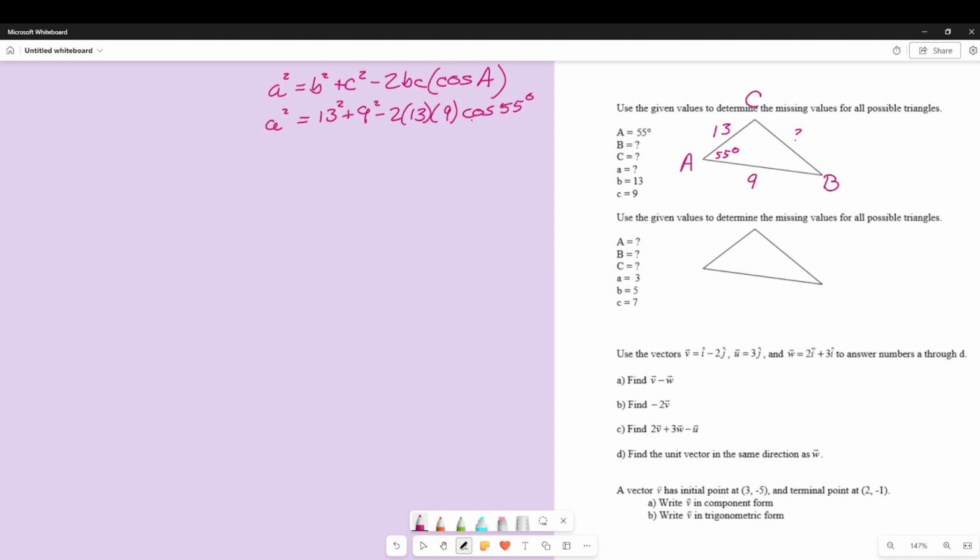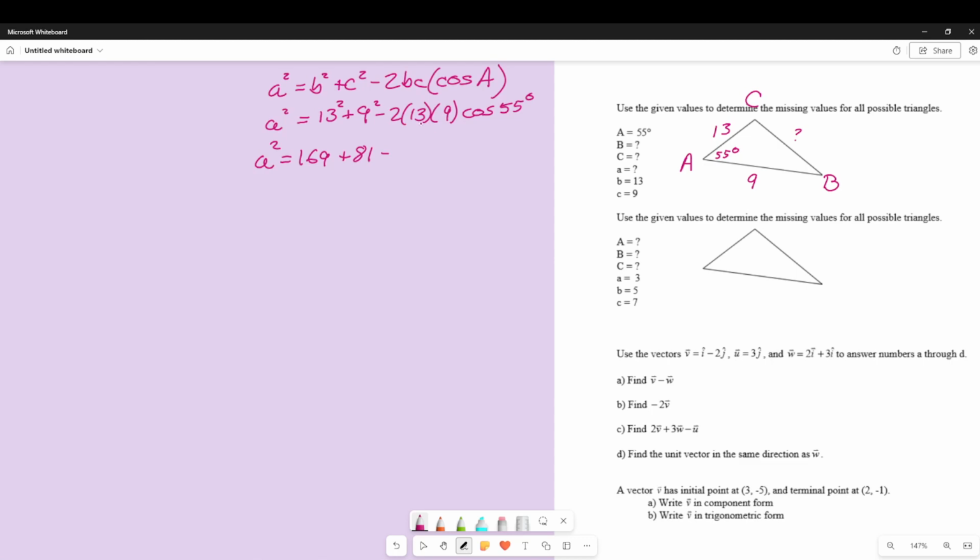Yours will tend to have standard angles in them just to make these not require the calculators and so forth on your test, but we should know how to handle them in either case. So our a squared is going to be 169 plus 81 minus, what's 9 times 26? That's why I have a calculator, right?